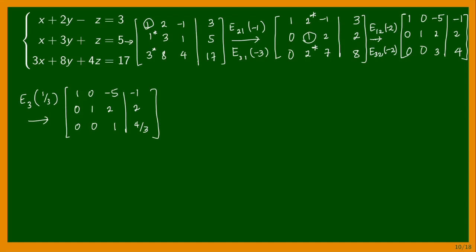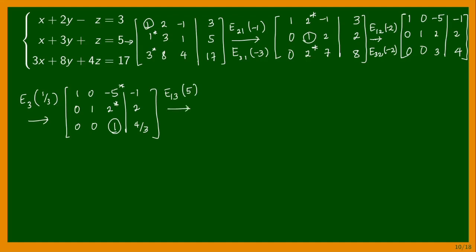Now, because we have a pivot over here, what we wanted to do is eliminate these two entries by applying two type 3 operations. To eliminate negative 5, we use this pivot. Alright, negative 5 is in the first row, the pivot is in the third row. The multiple is 5 in order to eliminate negative 5. So, additive inverse.